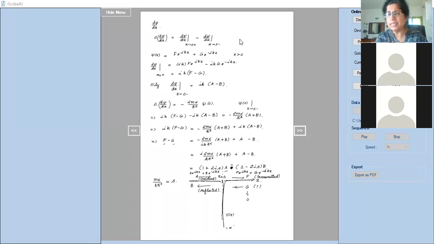You would have done this in your 1D problems. Sometimes you wonder, why are you bothering with bound states, why are you bothering with scattering?